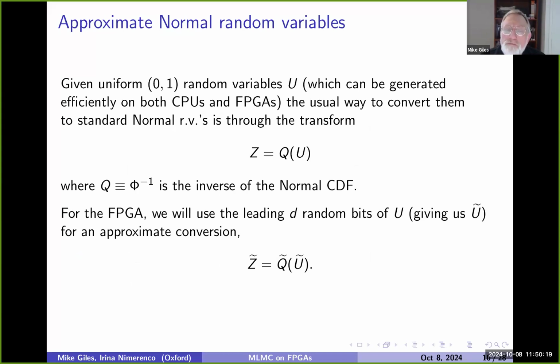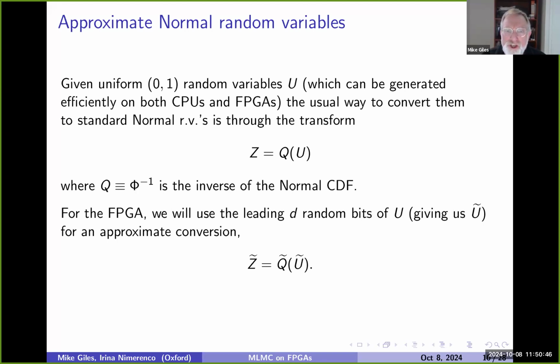Okay, so given some method for generating uniformly distributed random numbers between 0 and 1, and there are lots of ways that they can be generated very efficiently on both CPUs and FPGAs, in fact the FPGA architecture is well set up for uniform random number generation.